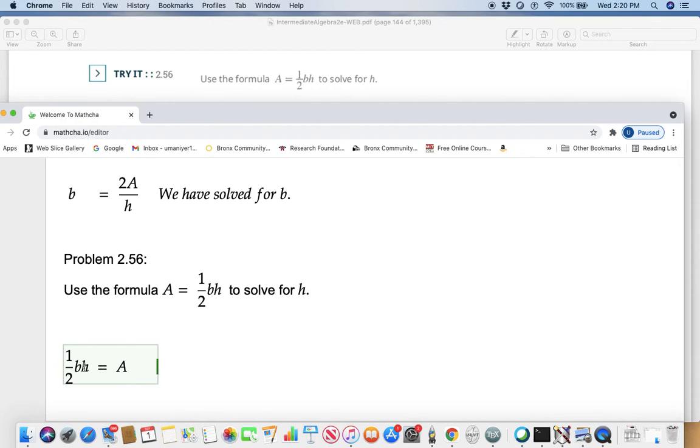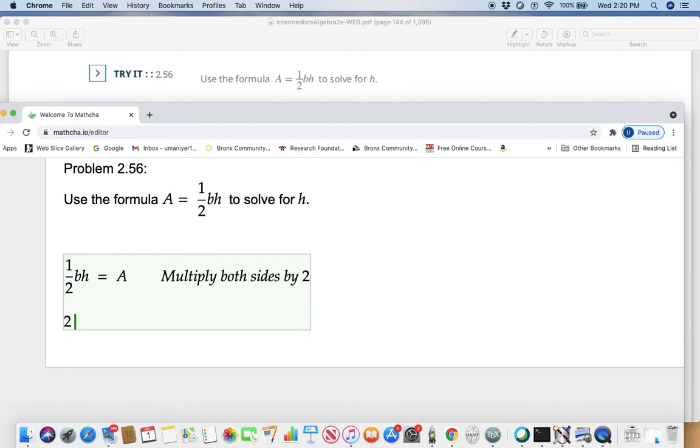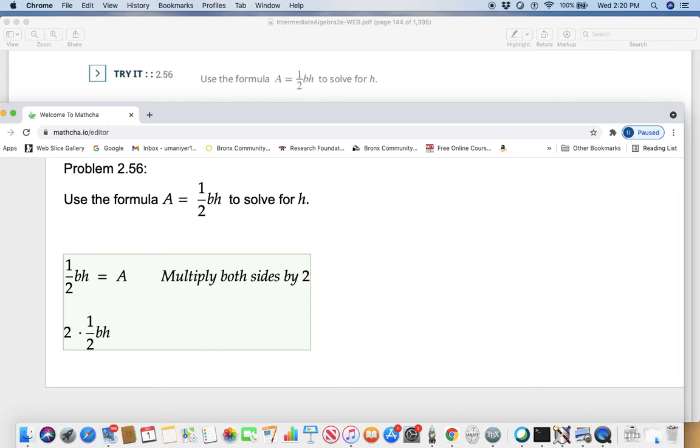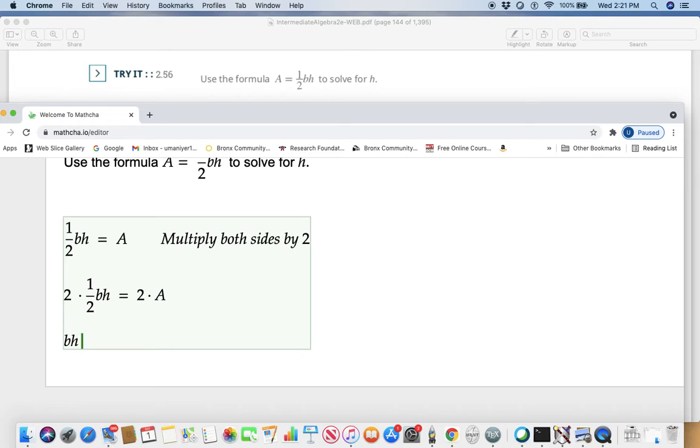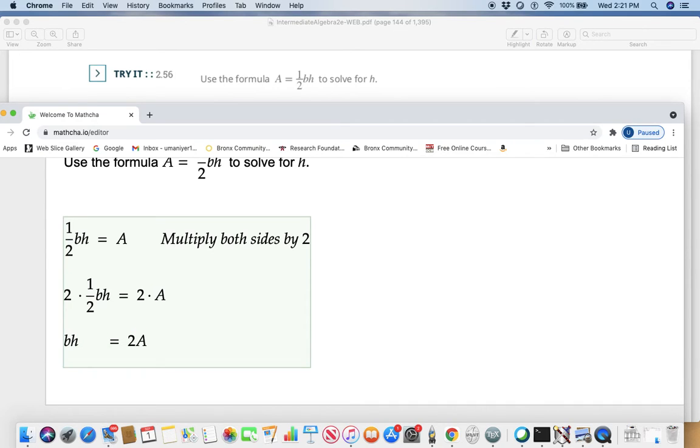Now, get rid of the 2 because it's in the denominator. Multiply both sides by 2. That fetches me 2 times half BH equals 2 times A. The point of multiplying by the denominator is that it would cancel the denominator. You are left with BH equals 2A.